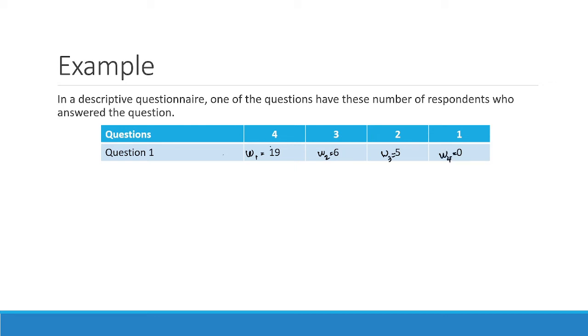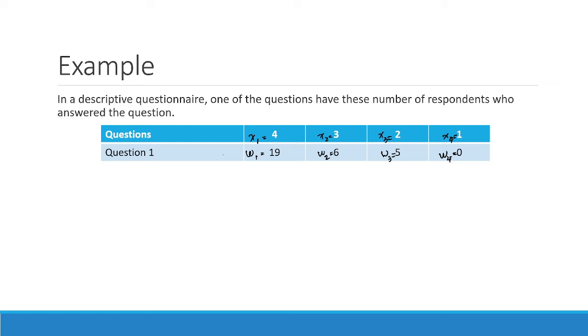And for the values corresponding to the weights, we have x1, which is 4, x2, which is 3, x3, which is 2, and x4, which is 1. So those are our weights and the values of our weights.